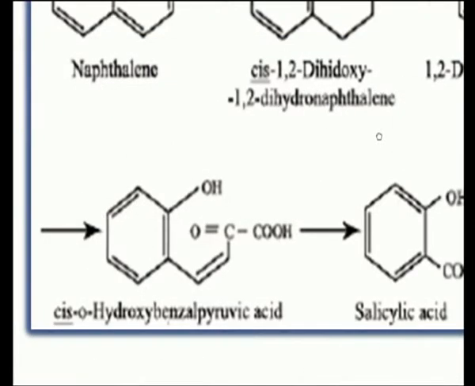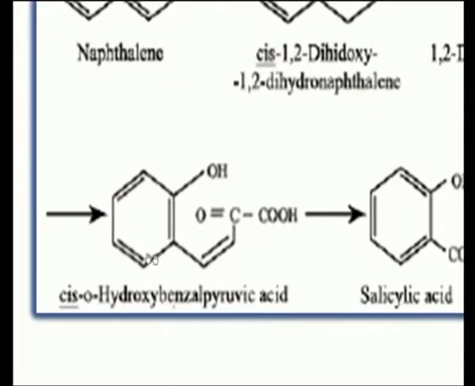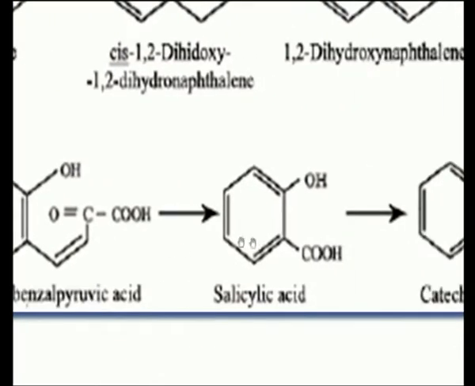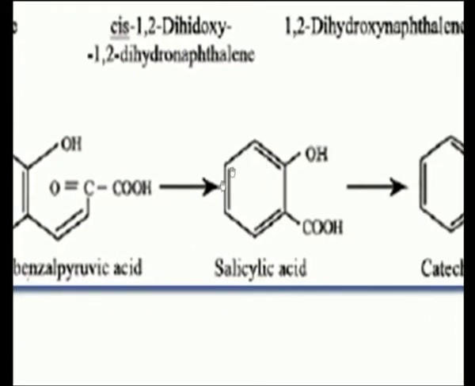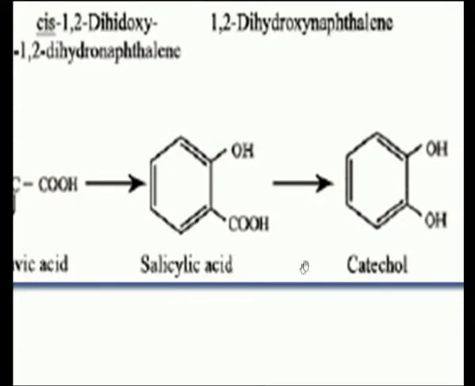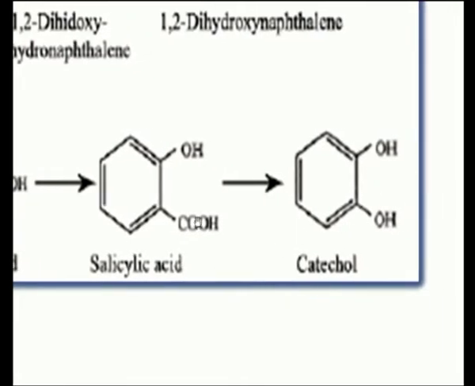This naphthalene diol reacts further with oxygen to produce hydroxy acids, where one aromatic ring is broken first, leaving only the benzene ring with one hydroxy and an acid group, namely salicylic acid, which on further decomposition produces catechol. Again, the catechol we have seen in the previous slide will undergo degradation similar to benzene.